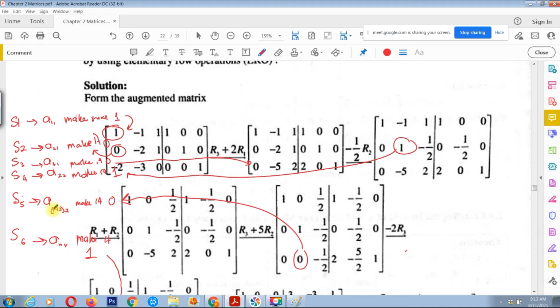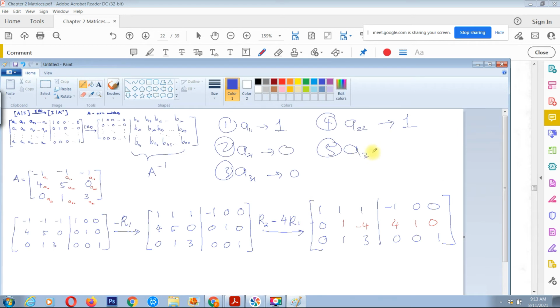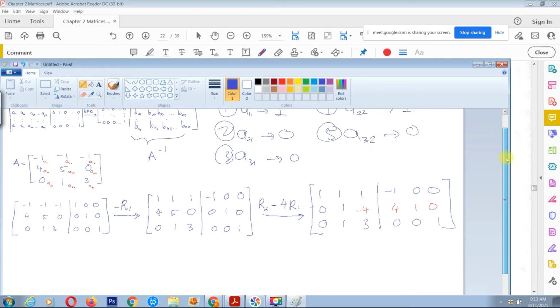So it is 2 plus 1, that is 2n plus 1. So A32 should be 0.